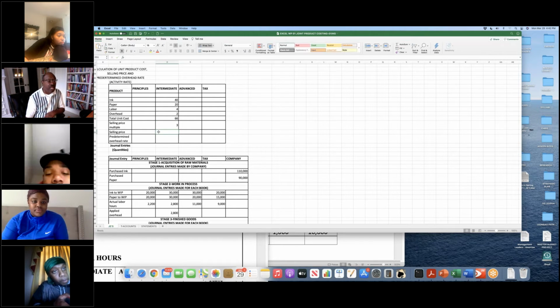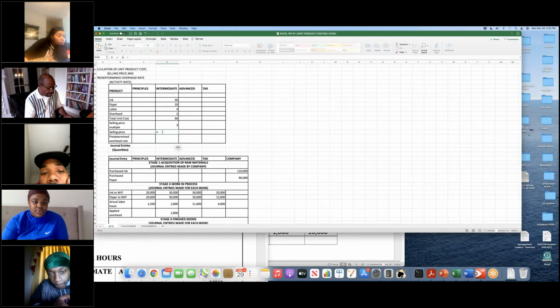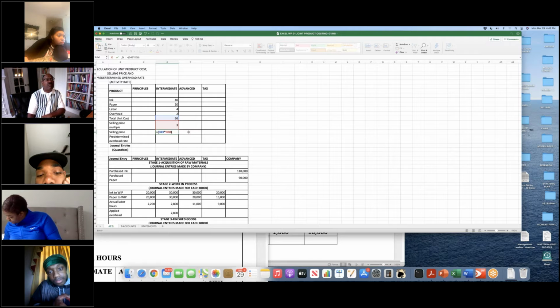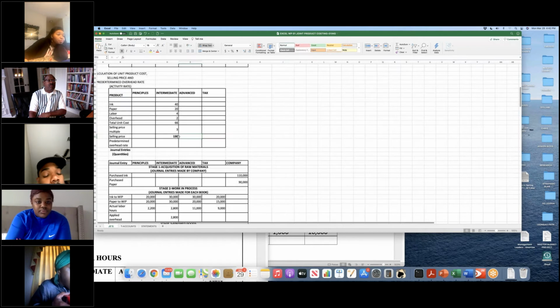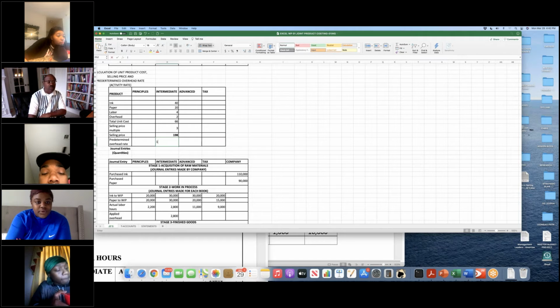Then here we have the equal. That one, asterisk, and the one below it. Yep. And then the predetermined overhead is 10. Yep, so all of these are 10. Correct.